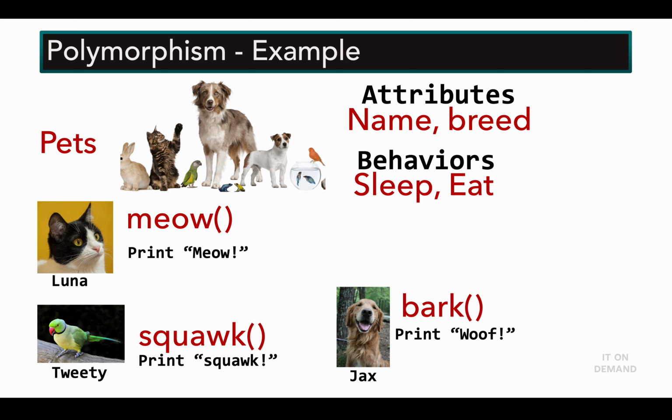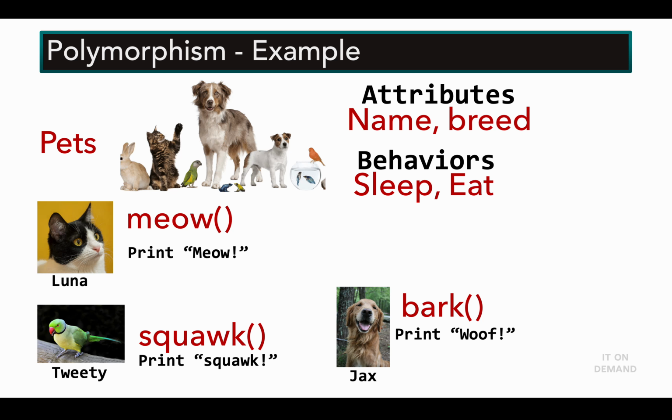Now, what do we notice about all these things? They're doing essentially the same thing. But what do you notice? When a cat says meow, it's only making a sound. When a parrot squawks, it's making its own sound as well. And so when a dog barks, it's also making its own sound.